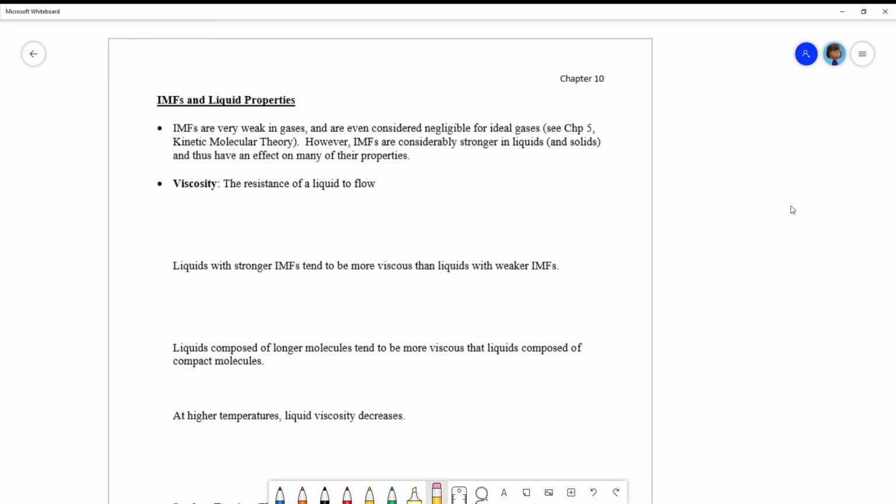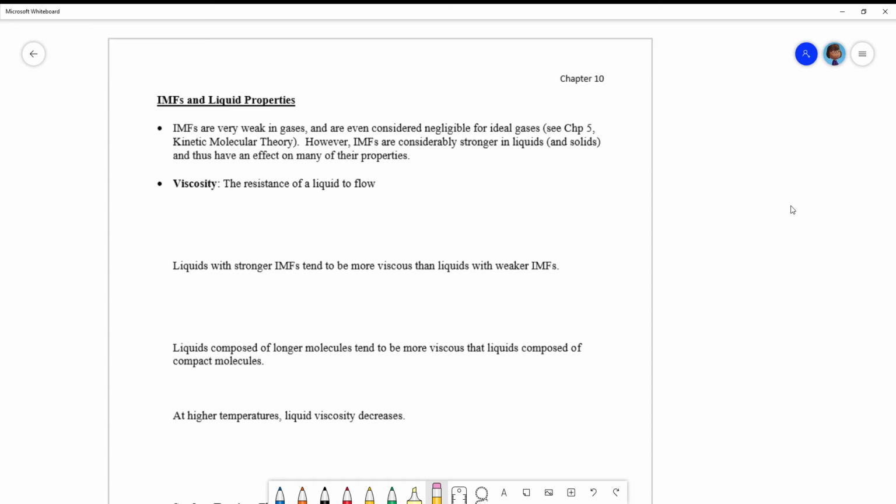And this means that gas particles are non-interacting. They neither attract nor repel one another because their IMFs are negligible. This also means that IMFs have no effect on gas properties.